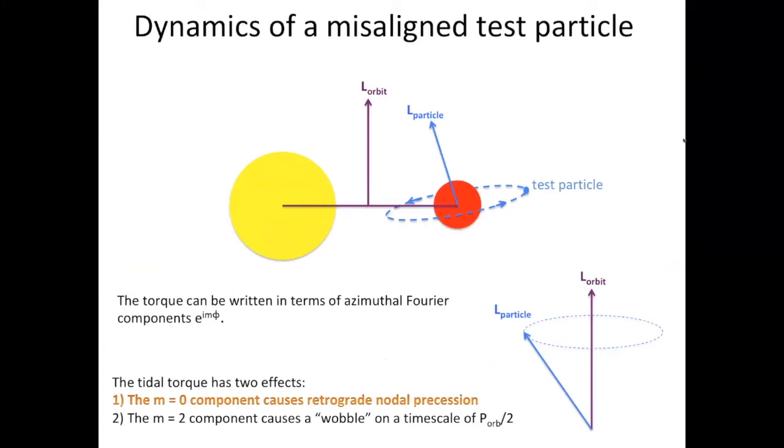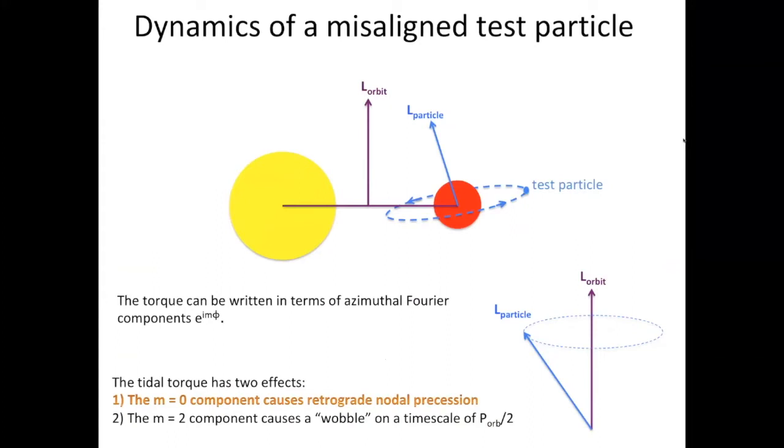So let's first consider the dynamics of a test particle in order to understand the dynamics later of a misaligned circumstellar disk. So here I have a sketch of a binary that has a slightly misaligned test particle orbiting around one component. Now, the tidal torque from the companion star has two main components. The m=0 component causes retrograde nodal precession of the test particle orbit.